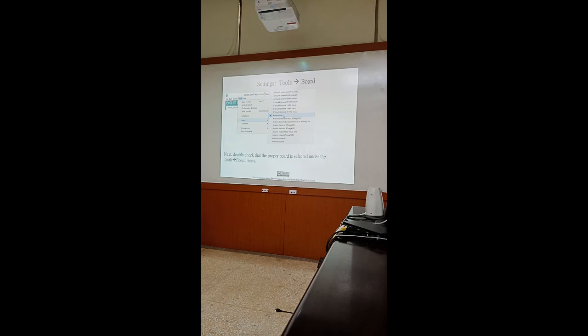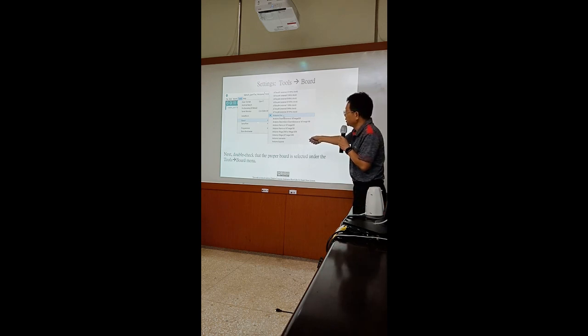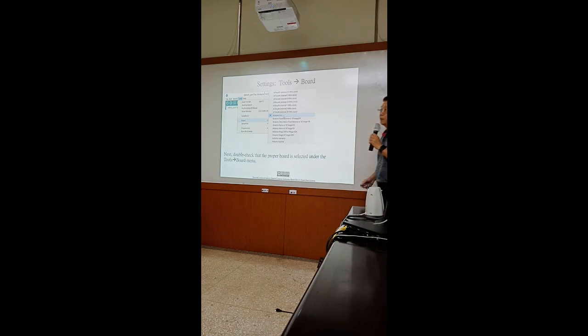So another category, besides the serial port we mentioned previously, is the board. Board means what kind, because we understand that Arduino has many different types. In our experiments we use the Uno, so here you need to select the Uno. The others, like the ATtiny85, are a different board, maybe a different chip.